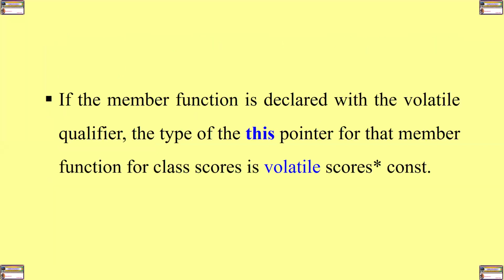If the member function is declared with a volatile qualifier, the type of the this pointer for that member function for a class called scores will be volatile scores pointer const.